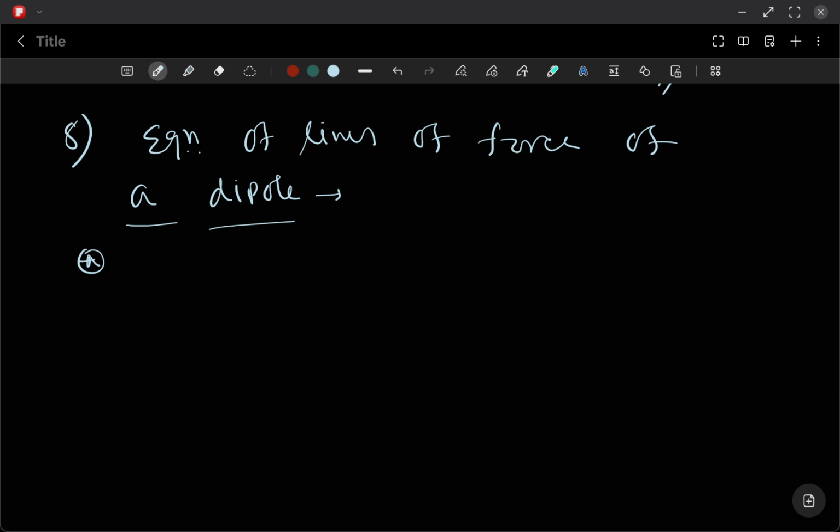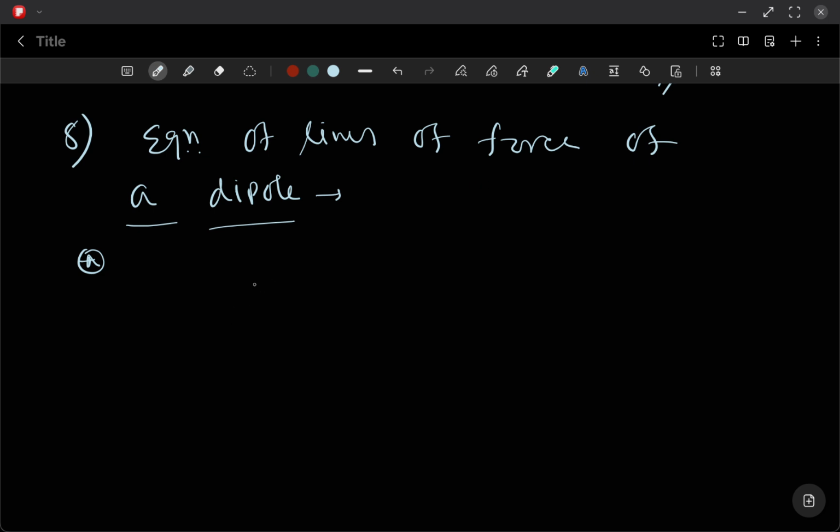We must know this mathematical tool. We will not go into detail, we will just discuss simply what the radial and transverse directions are. It's important to derive the lines of force of a dipole.